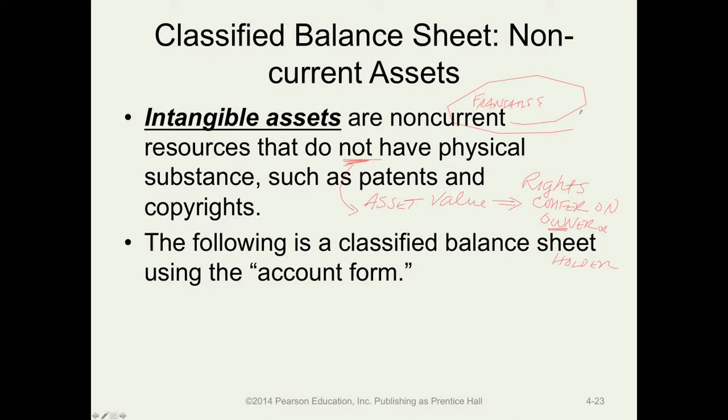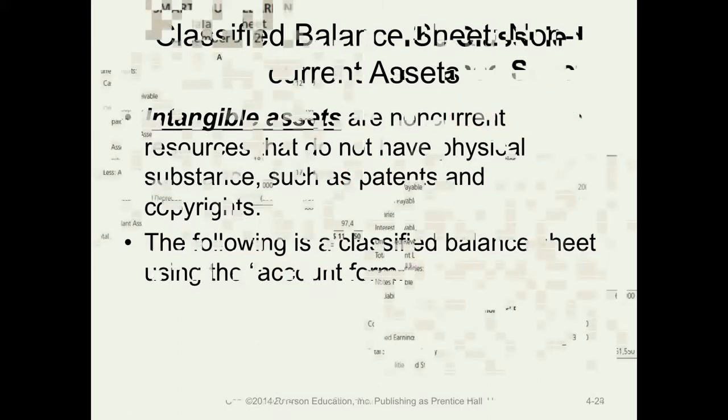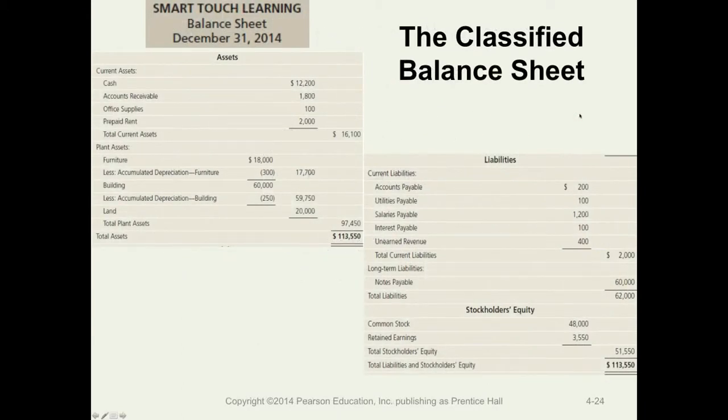All right, so now, if you look at a classified balance sheet in the account form, here's the way it looks. These should be stacked, with assets on top of liabilities and equity. But notice the difference between this and the unclassified.